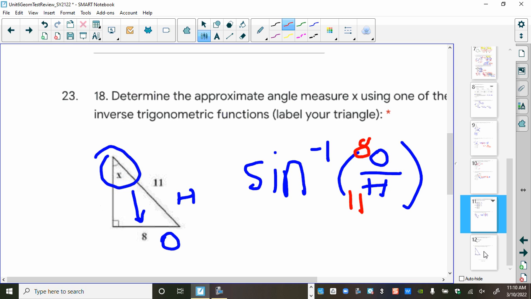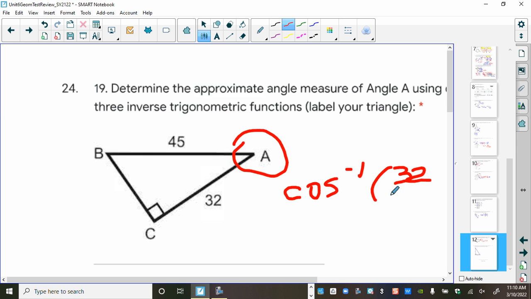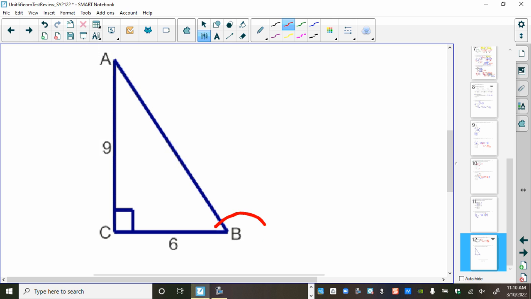And the last two are going to be the same, because the last one with angle A is going to be the cosine. Inverse cosine, 32 over 45. And for the very last one, for angle B, it's a tangent.